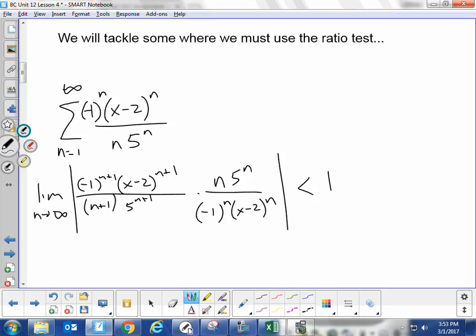We can actually go through the whole process using the ratio test, and we can figure out when this works for given x's. And that's when we will be absolutely convergent.